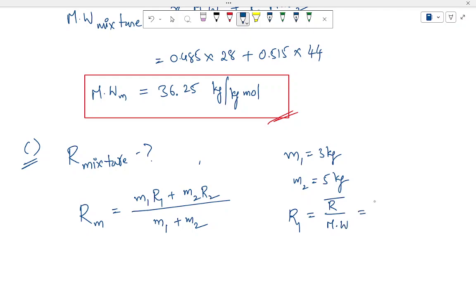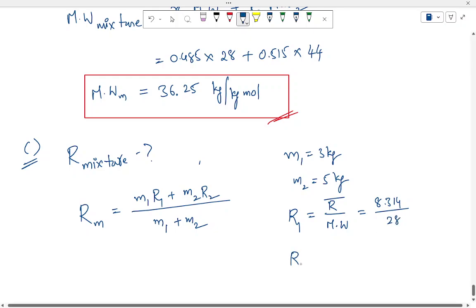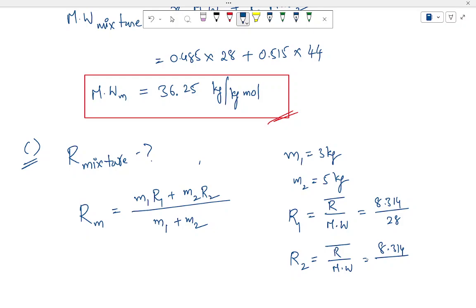The R bar value is 8.314 and the molecular weight of the nitrogen is 28, and R2 you can get as R bar by molecular weight. Similarly, the R bar value is 8.314 for every gas because it is universal gas constant, and the molecular weight of the carbon dioxide is 44.